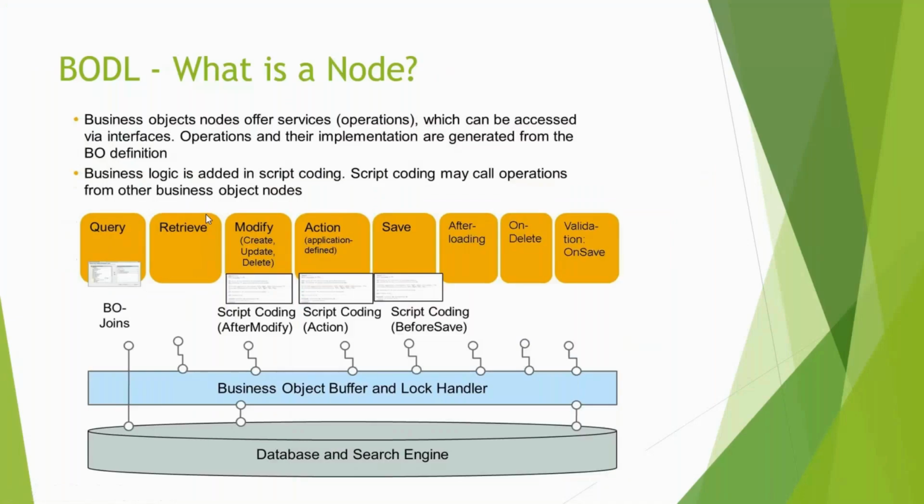So if we are creating any node, all these events and the basic CRUD operations will be directly created by the C4C system for us. Let's say we created this node in the backend.